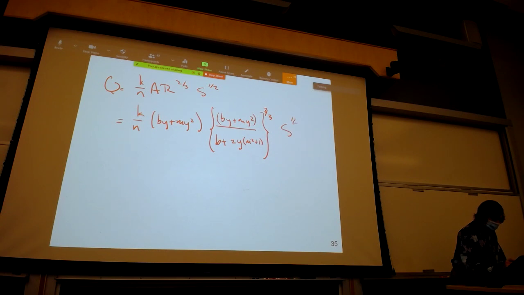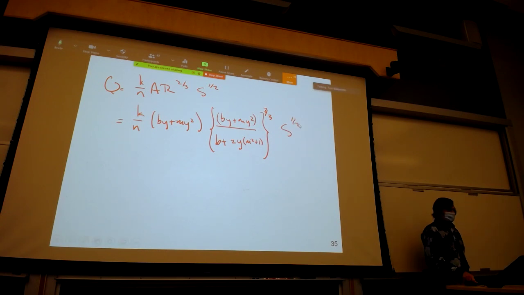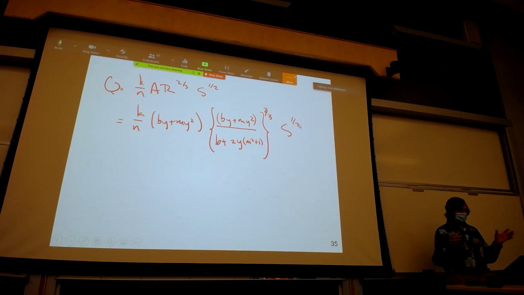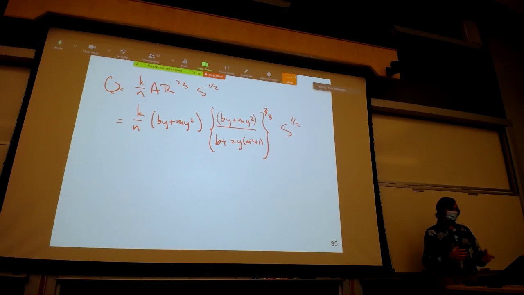That's the 1/2. So the problem is you can bring K, n, and S to the 1/2 over to the left-hand side, but this defies factoring. And so you're left with a trial and error solution.